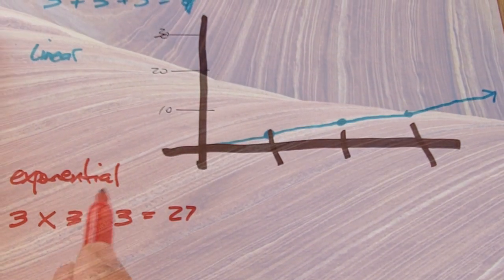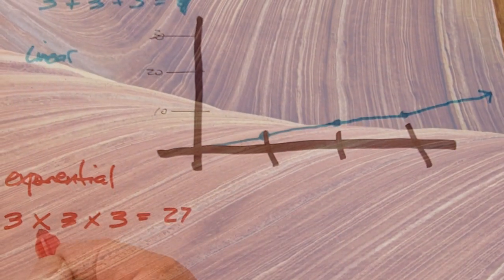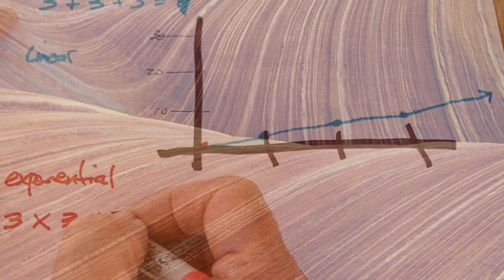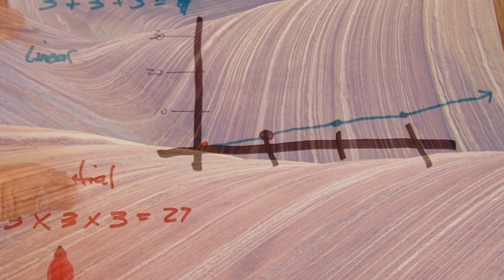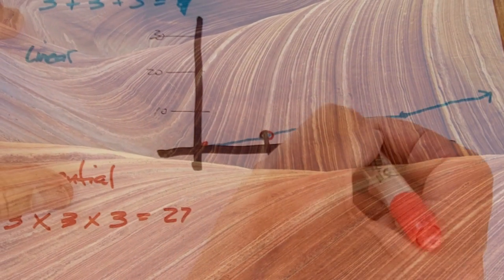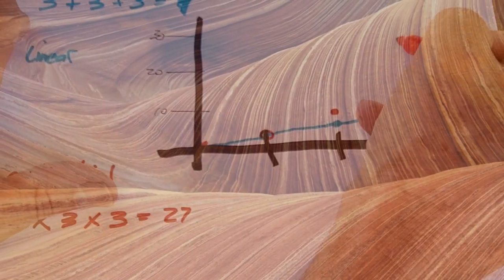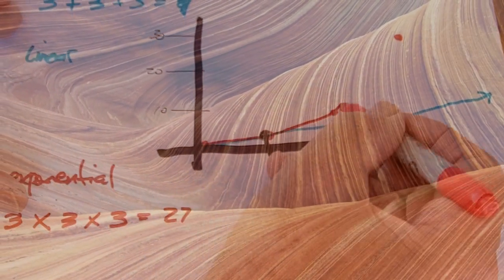However, in exponential, where you've taught someone else to do it, or in some way multiplied rather than addition, you start with 0, but in the first period you have 3. In the second period, you have 9 here, and on the third period you have 27 clear up here. This exponential looks like a curve.